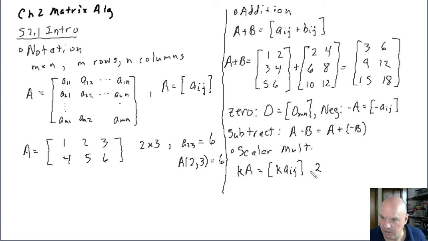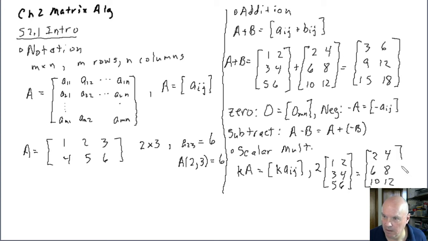So again, a really simple example: 1, 2, 3, 4, 5, 6. The product will have the same dimension as the matrix. We just multiply every element, in this case by 2: 2, 4, 6, 8, 10, 12. Okay, so pretty simple.